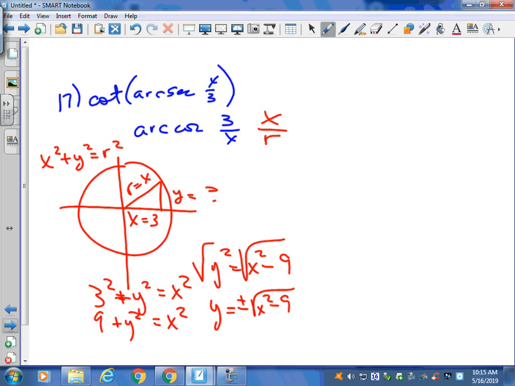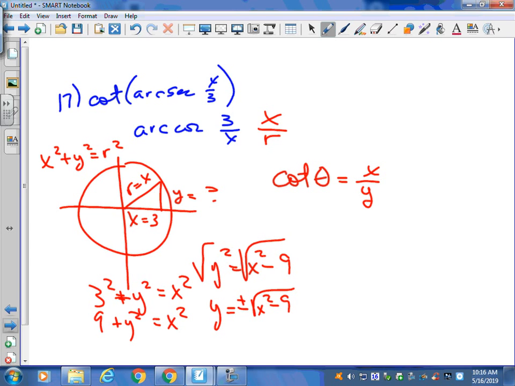And really that would give us two different answers for the question. Because cotangent of an angle is x over y. And my x in this problem is a whole number 3, and my y has a plus or minus.